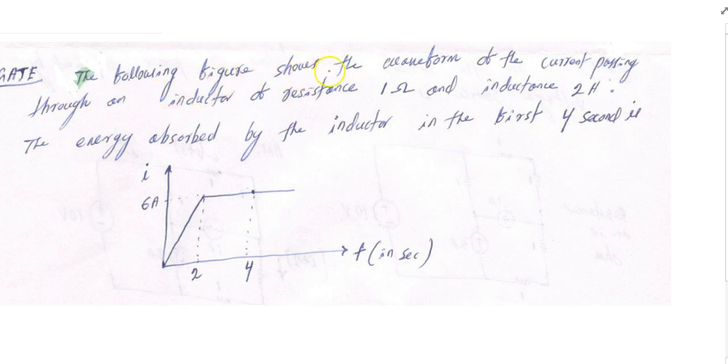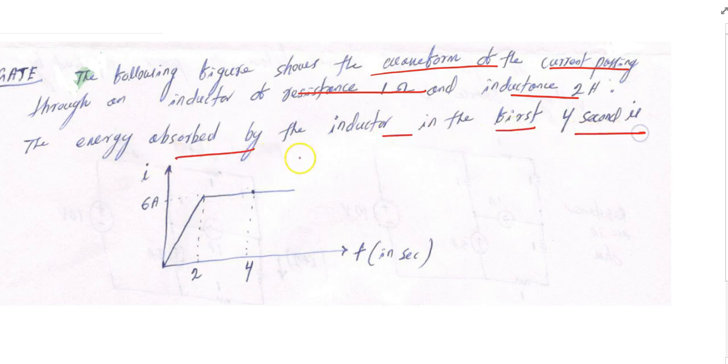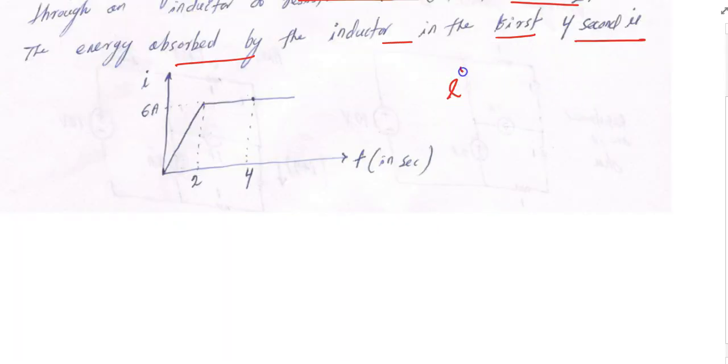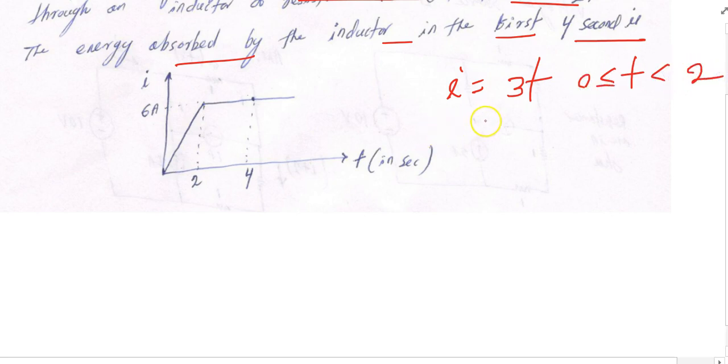The following figure shows the waveform of the current passing through an inductor of resistance 1 ohm and inductance 2 Henry. The energy absorbed by the inductor in the first 4 seconds is asked. It simply is an energy calculation. So I can write I as the slope: I is 3t for t from 0 to 2, and I is equal to 6 for t greater than 2.